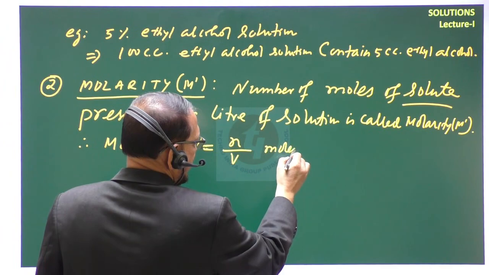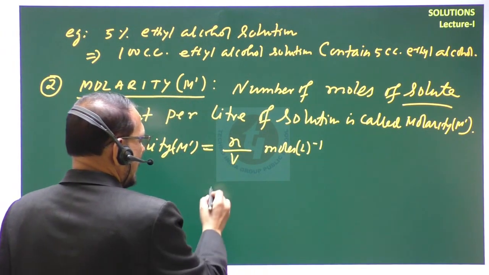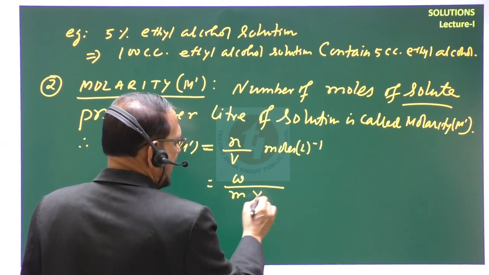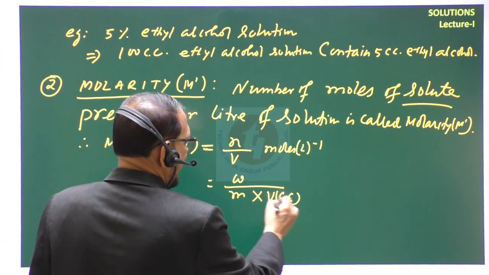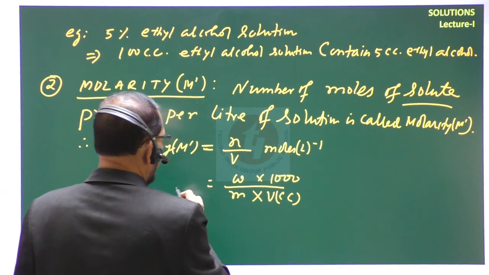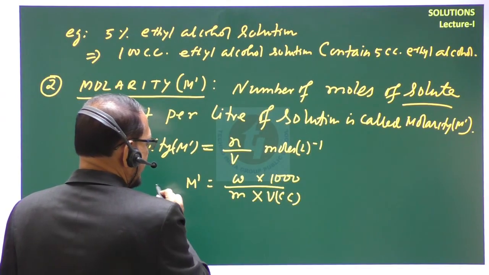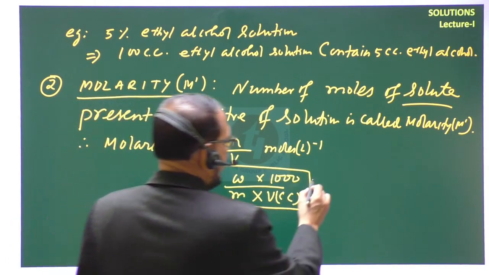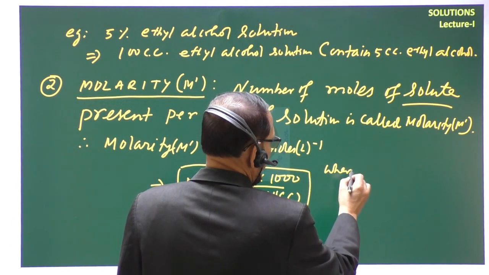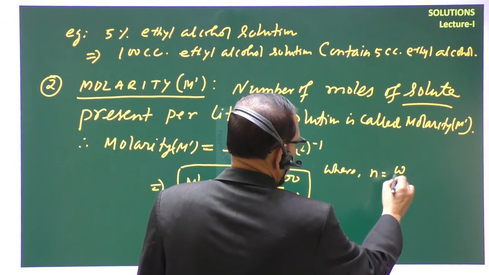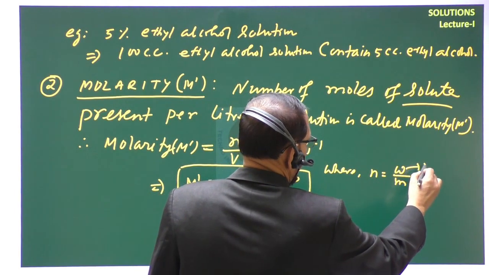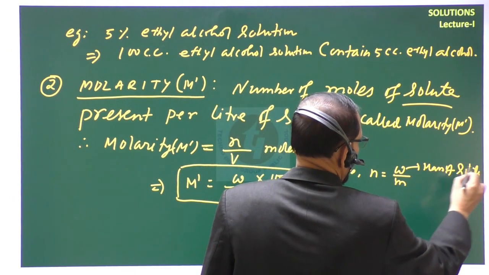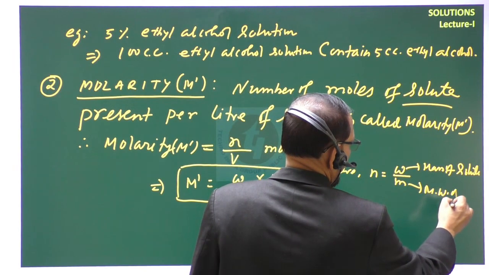We can write the unit as moles per liter. Number of moles is equal to mass by molecular weight, and if we express volume in cc, it will be multiplied by 1000. Normally we write this formula where n is equal to W by M, W is the mass of solute, and M is the molecular weight of solute.